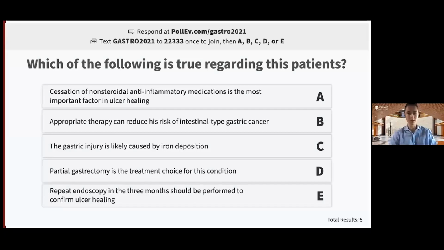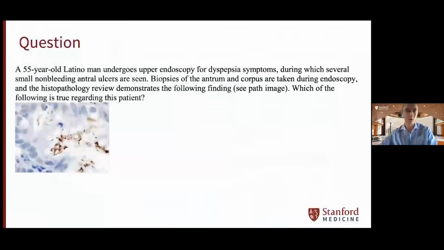We can continue looking at the answer options through the poll app, and we can go back to the question stem. So, a 55-year-old Latino man having dyspepsia, endoscopy shows small non-bleeding antral ulcers, and the biopsy pathology image is shown in the photograph. So which one is true?